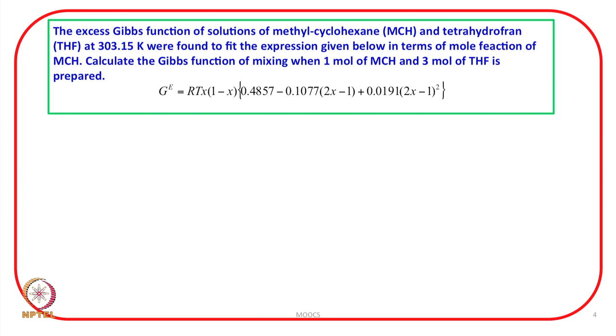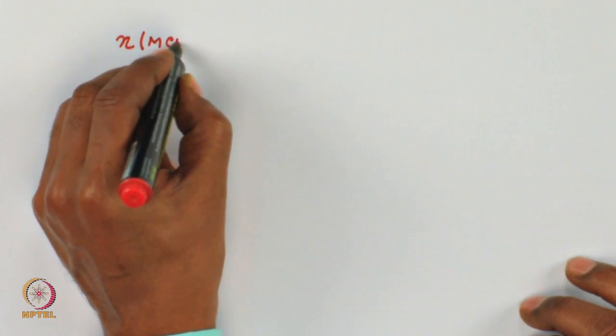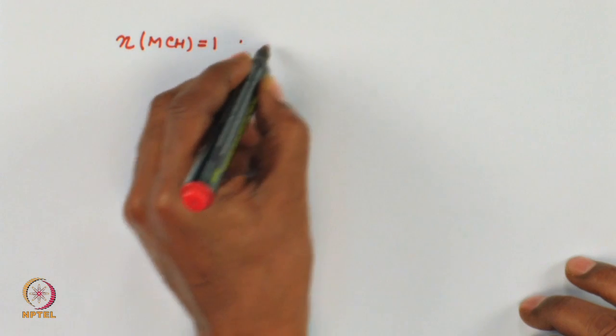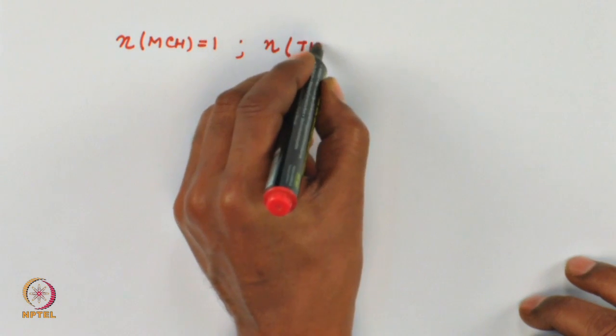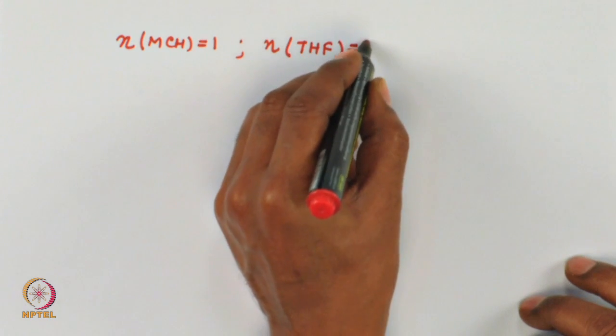So, how to solve this question? If we look at the expression, the first thing that we need to know is the value of mole fraction of MCH. What we have: number of moles of MCH is equal to 1 and number of moles of THF is equal to 3.